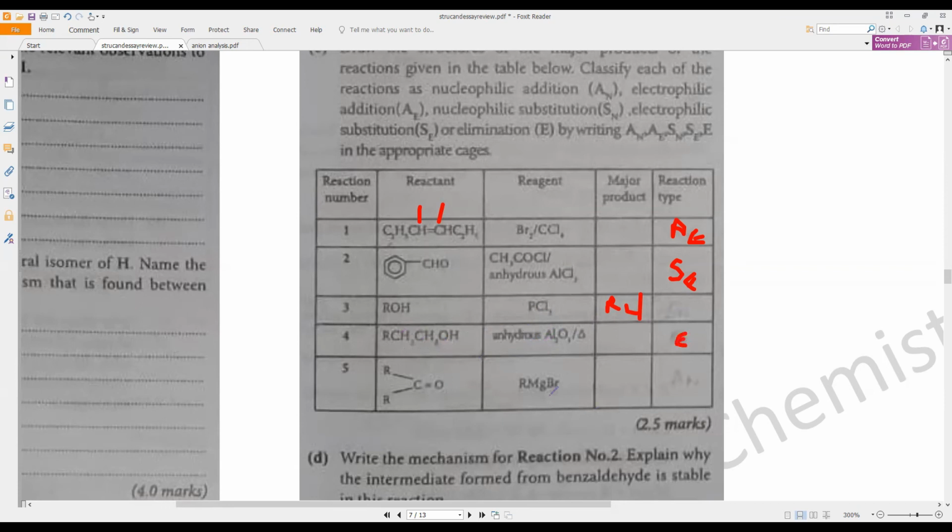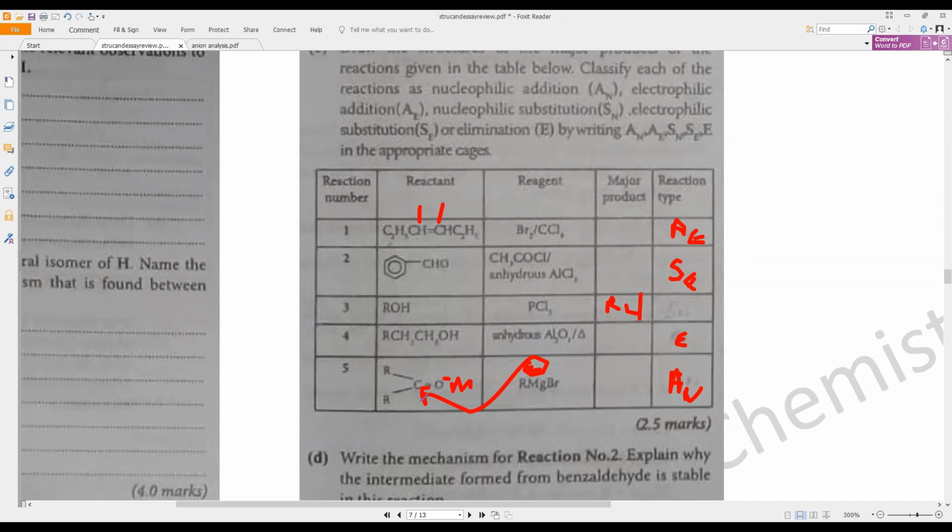And finally, when you have a Grignard, R will have a minus charge. So this will be added to the carbonyl carbon, the positively charged carbonyl carbon. So R minus is the nucleophile, and this is added. So this is a nucleophilic addition reaction, AN reaction. And the major product when you have this addition is the R group on the carbon, with O minus and MgBr attached.